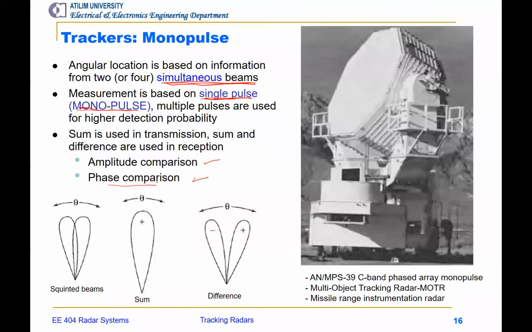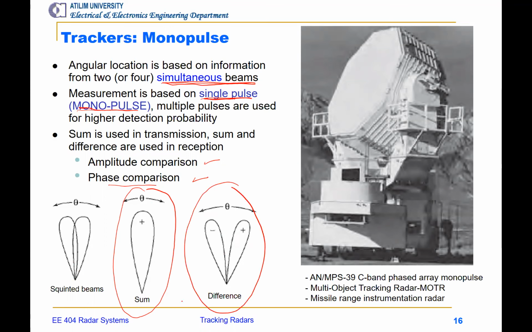Okay. Now let's just imagine two beams, again squinted beams. When we add the beams up, we'll get the sum signal, and then if we separate the beams enough, we get the difference signal. Okay, these sum and difference signals are used in monopulse processing.